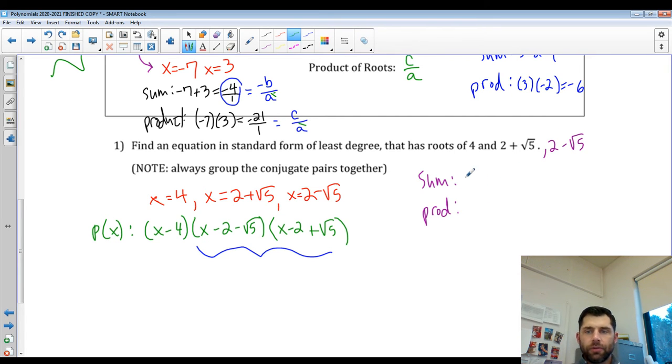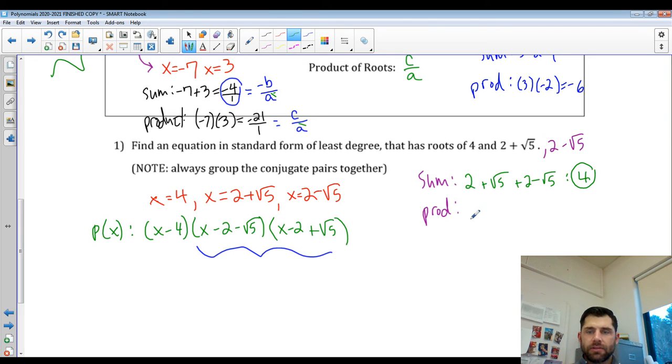The sum of those roots, and this is why it's so nice with these irrational and complex roots: 2 plus radical 5 plus 2 minus radical 5, those radical 5s go away. They add to 0. So my sum is just 4.